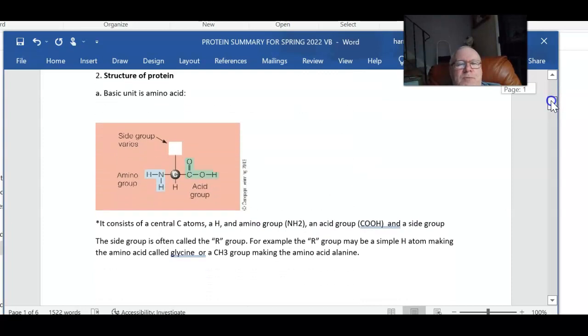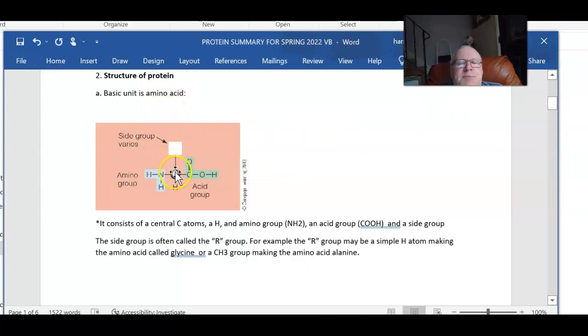Structure of a protein. Proteins, like a lot of the other things we studied, are made up of monomers, individual units that are strung together into polymers, monomers and polymers. The monomer of a protein is the amino acid.